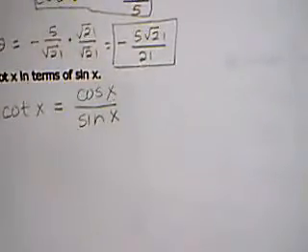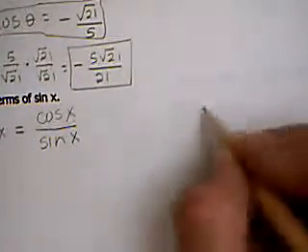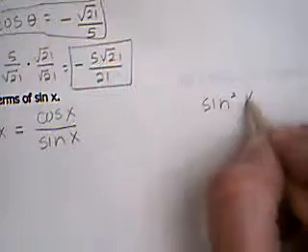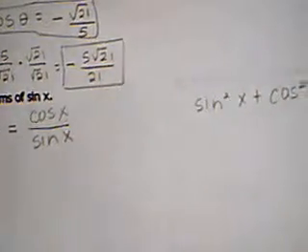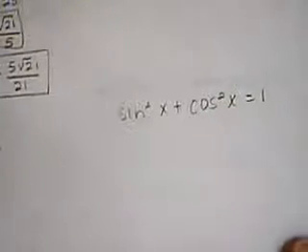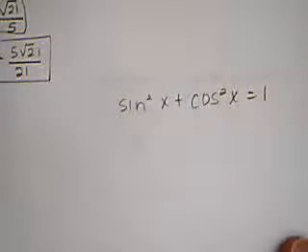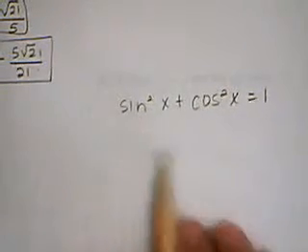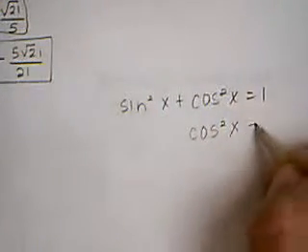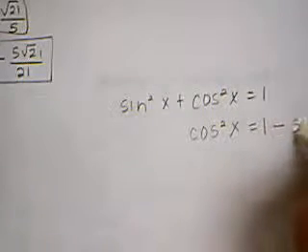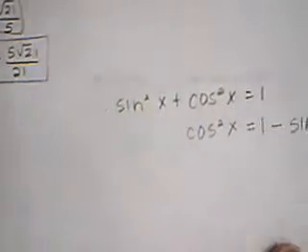If I use the Pythagorean identity, sine squared of x plus cosine squared of x is equal to 1, and I solve this for cosine, that means I subtract sine squared. So I have cosine squared of x is equal to 1 minus sine squared of x.